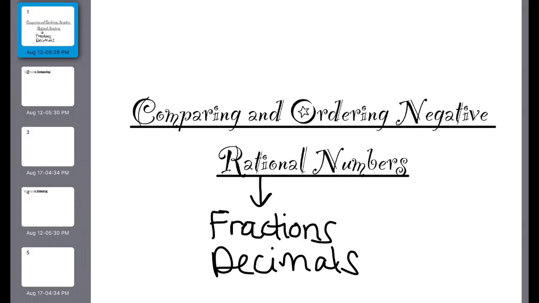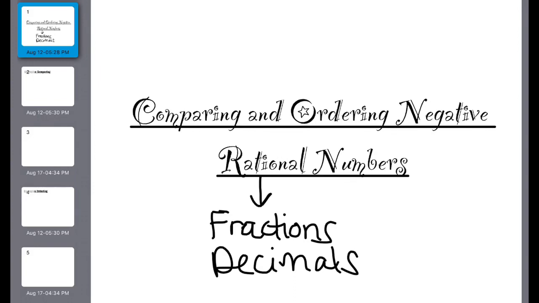So we're still taking what we were learning about negatives and positives, but now we are applying them to fractions and decimals. So there's really not a lot of notes that we're going to do today. We are going to do a couple examples. I'm going to model a couple examples, some comparing and some ordering, and then you guys are going to try some on your desks. So we're not going to write anything in our spiral for this video.